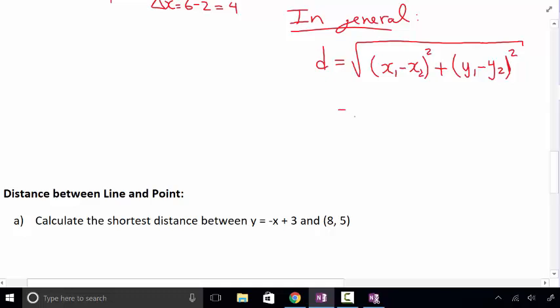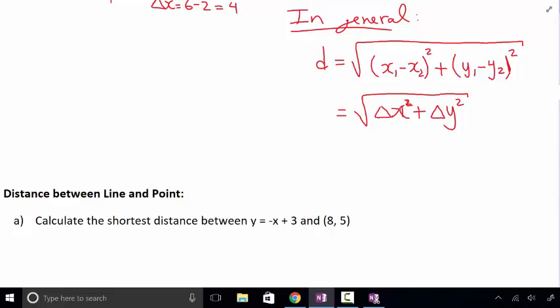Now, let me just shorten that formula a little bit to delta x squared plus delta y squared. So that's going to be your formula for the distance between 2 points.